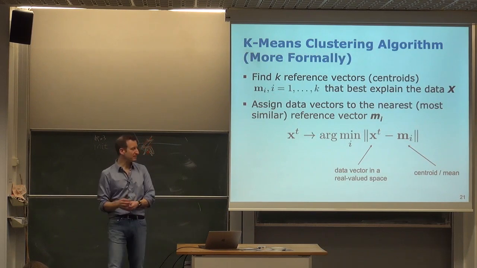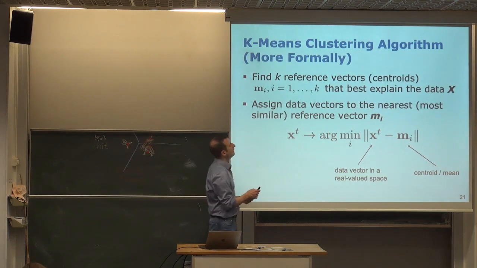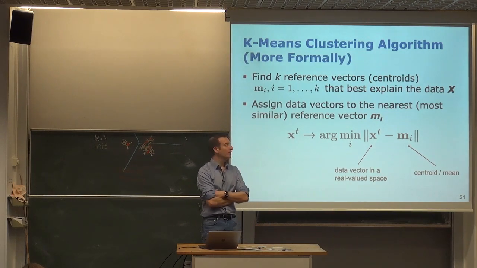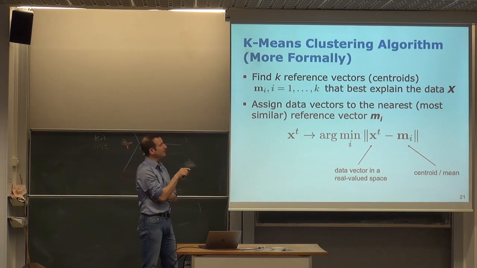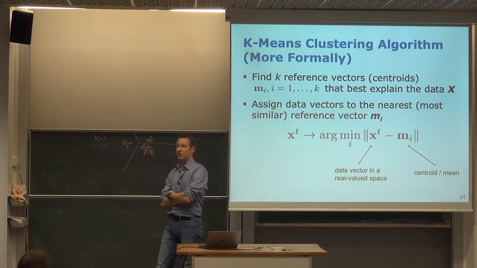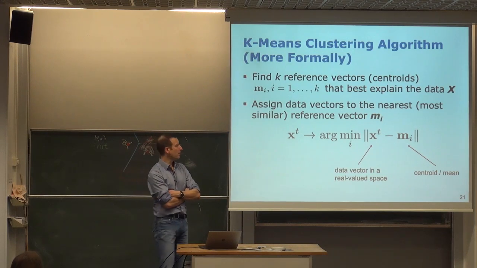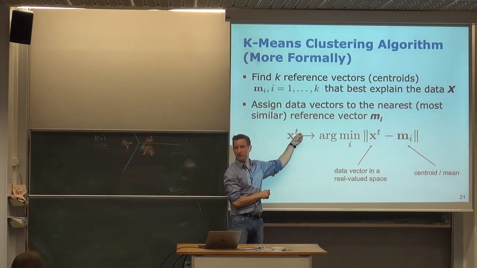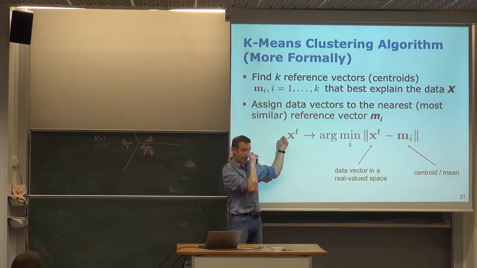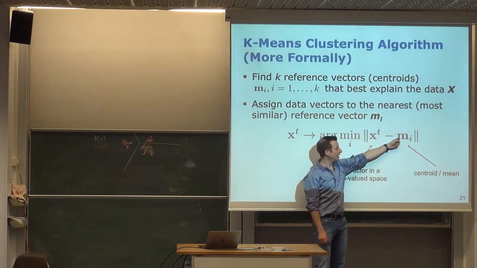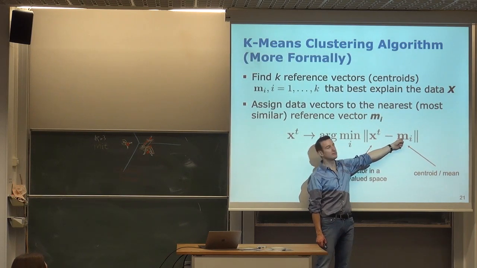Okay, so getting slightly more mathematical, how can we formulate this? We want to have k reference vectors or centroids, with the index m_i, from 1 to k, and I want to find those which best explain my data x. I'm assigning all my data points x^t, so I have t data points, so that the distance between the data point and all possible centroids is minimized, an argmin.